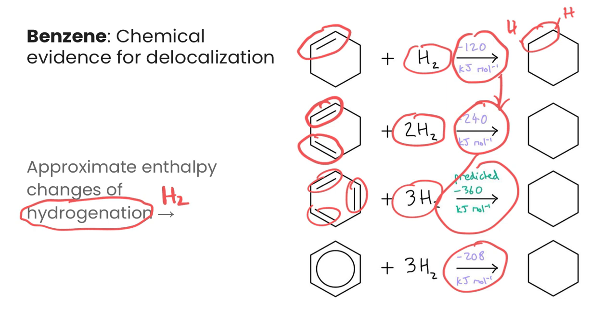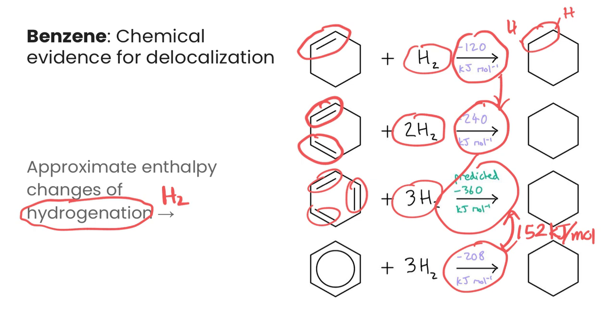One thing to keep in mind is the greater the amount of energy that is released, the less stable the reactants are because they're all forming the same product. So the difference between these two is about 152 kilojoules per mole if we did the math. What that means is that benzene is much more stable, and this is due to the delocalized ring of electrons.